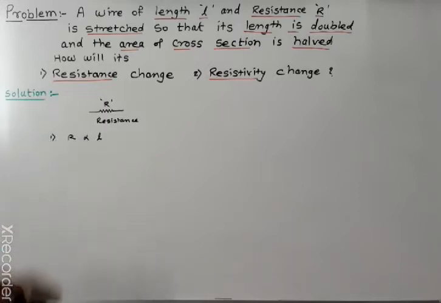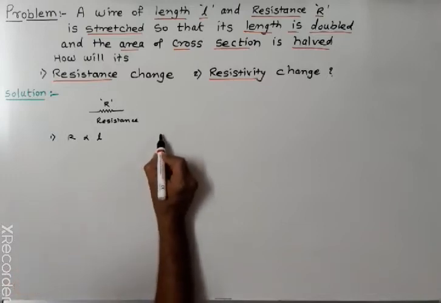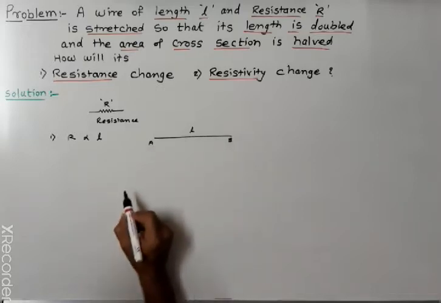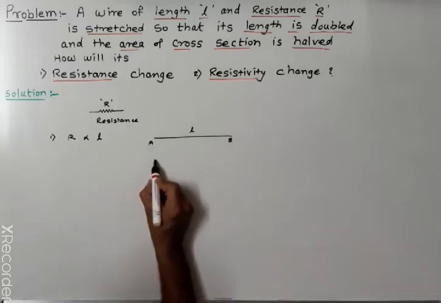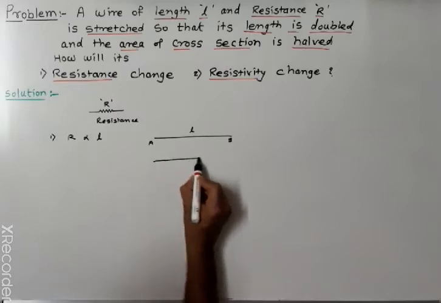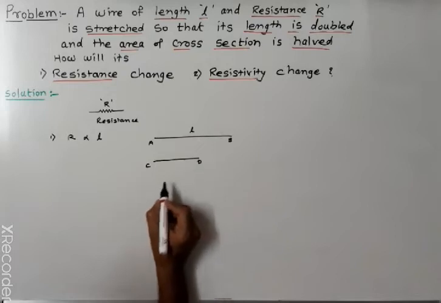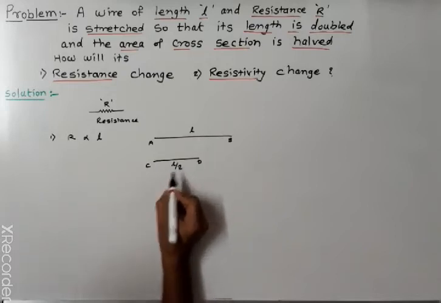This is the first thing. Suppose this is the conductor AB of length L, and another conductor CD is half of this, of length L by 2.